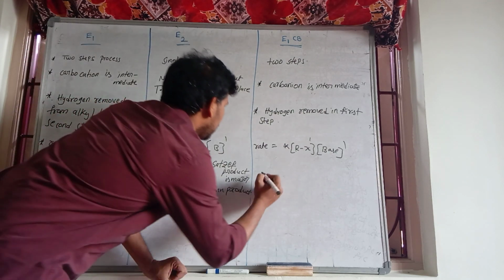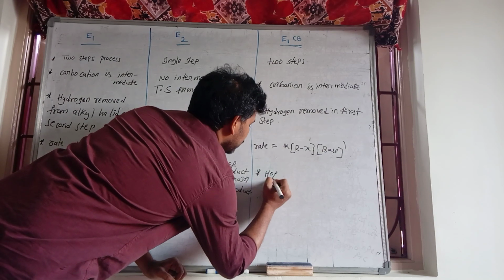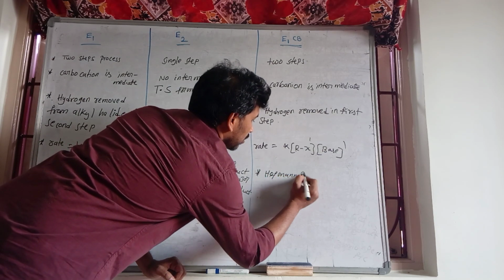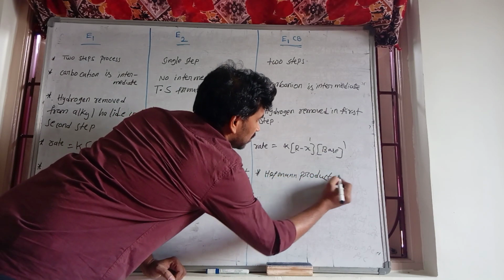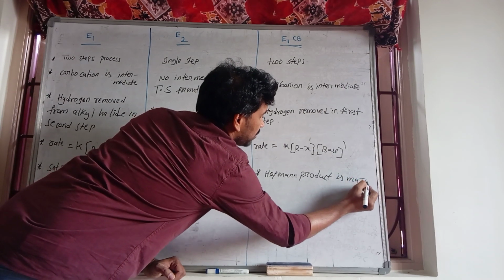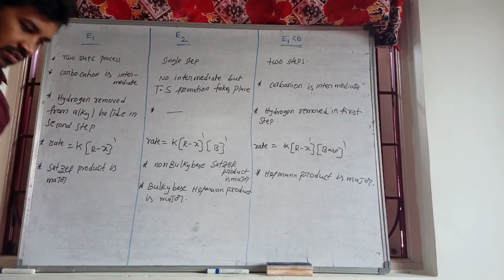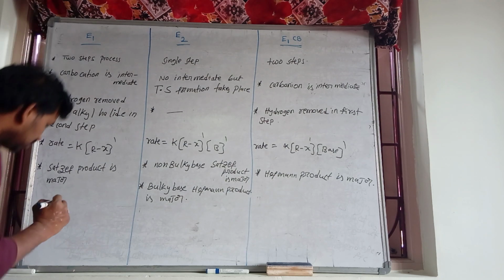But in E1CB, always Hoffman product is major.